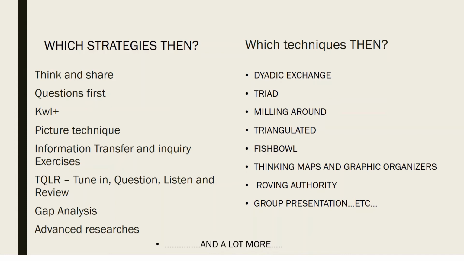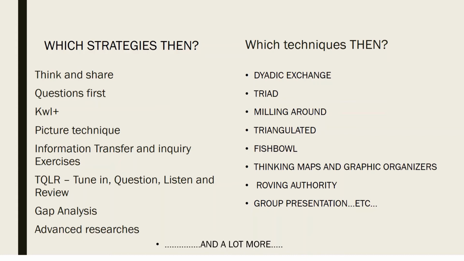Triangulated, meaning, for example, you group your students from 1 to 5, composing 5 groups: all ones, all twos, all threes. They will be in discussion of whatever questions are decided upon by the teacher.